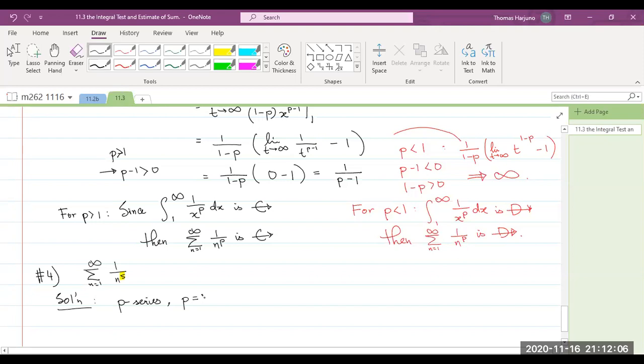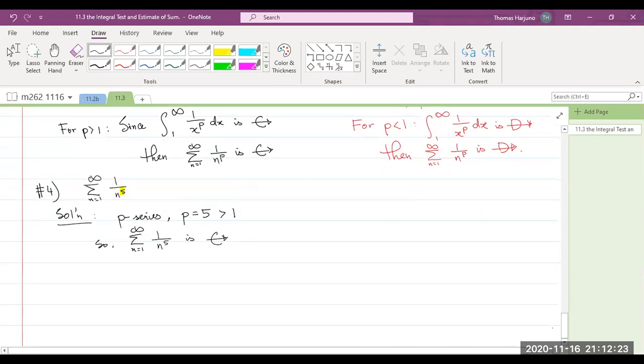The P is 5, which is greater than 1, right? Okay, so this series, therefore, is convergent. You can go back and argue that you can use the integral test, but since it fits the P series, then we are actually done.